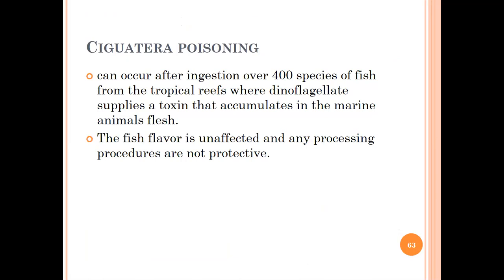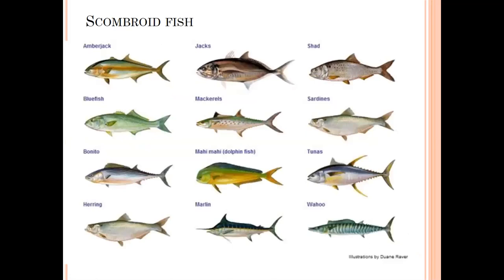Usually it's common for tropical reefs, for tropic seas and tropic parts of ocean. And cooking doesn't destroy ciguatera toxin, and it's non-effective. Just one way to avoid it: don't catch this fish in case of intensive growth of dinoflagellate, to avoid ciguatera fish poisoning.